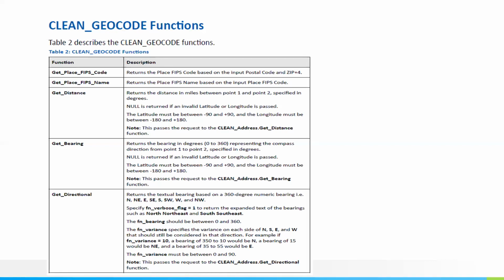It'll give you the bearing in compass distance, and it'll give you the general direction, also on a compass, so that you can see whether or not the second latitude and longitude is north, west, or southeast from the first. Next.